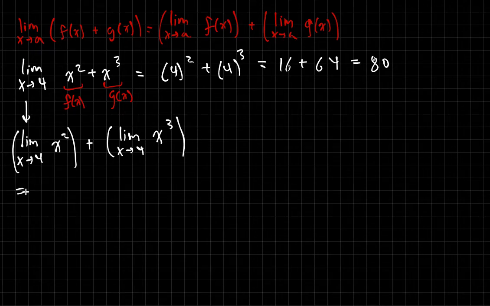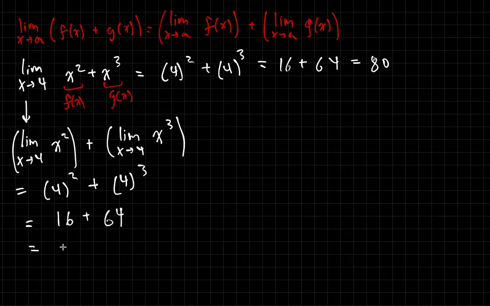And to calculate this, we just use direct substitution. We input 4 into the function, so we get 4 squared, and here we get 4 cubed, right? So that would be 16 plus 64, which would be 80 once again.